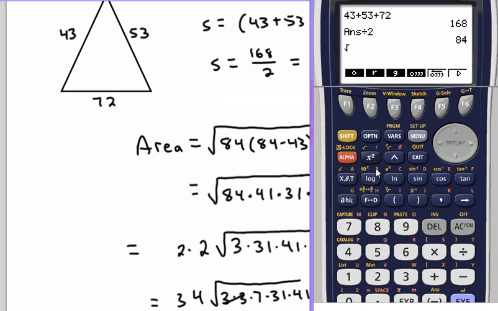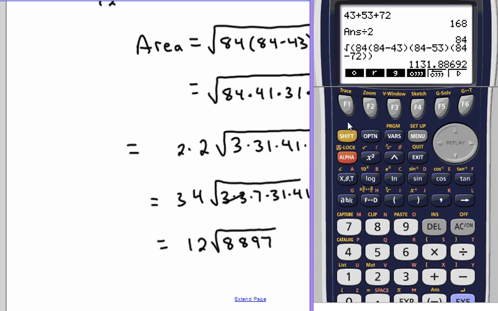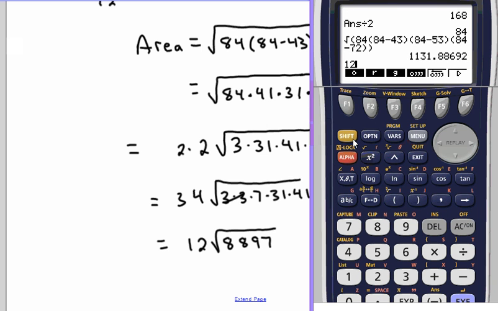So then I'll take the square root of 84 times 84 minus 43 times 84 minus 53 times 84 minus 72. 1,131.88692. Let's compare that to 12 times the square root of 8,897.